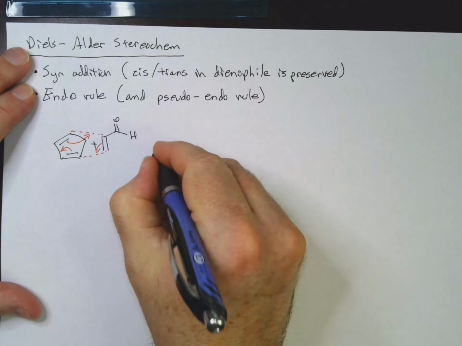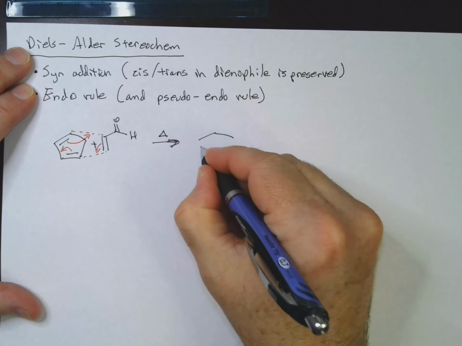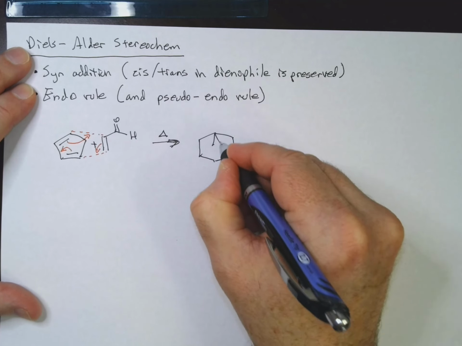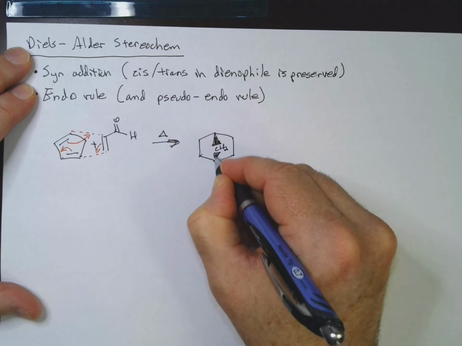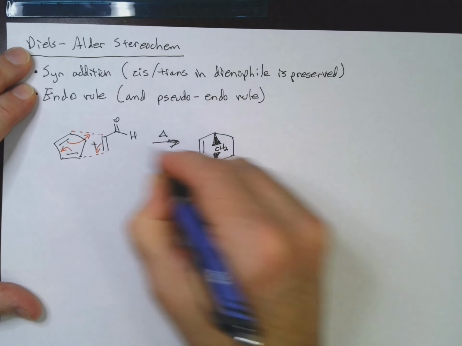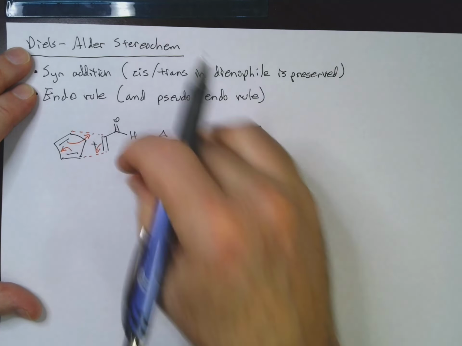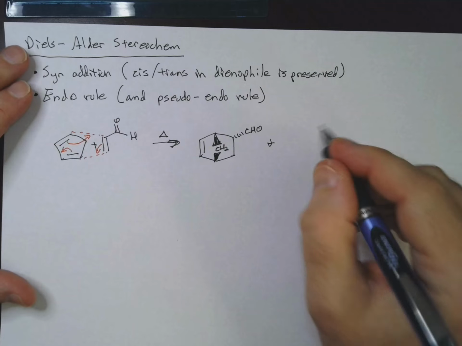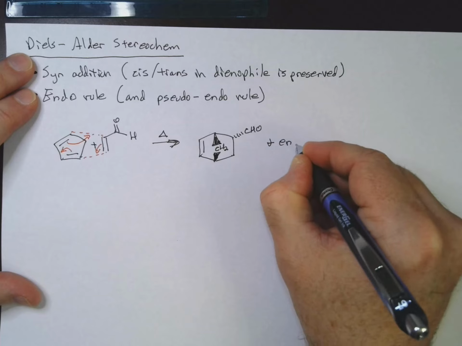So now what I would get is the following. If I'm looking at it top down, I'd have my new six-membered ring, but this CH2 would be sticking up, and this guy is going to be down. We'll also get the enantiomer because that guy could be flipped around, plus enantiomer.